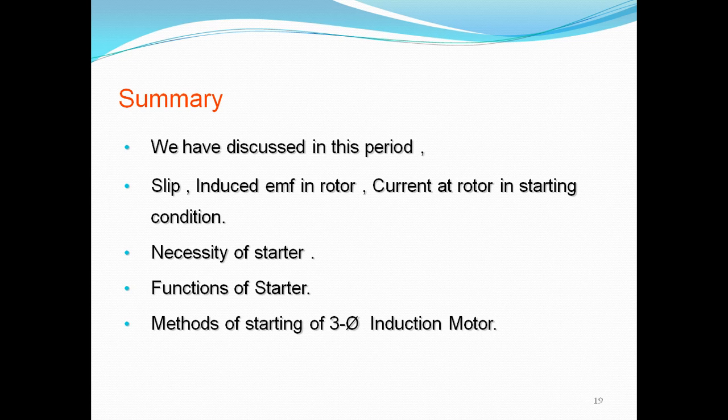So in this rotor resistance starter, what we are doing is adding some external resistance in series. When we are adding some resistance in series, the overall resistance increases and the current reduces. That is the starting current. So when the starting current reduces, automatically the motor starts with a safer value.